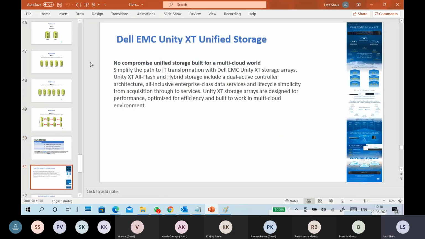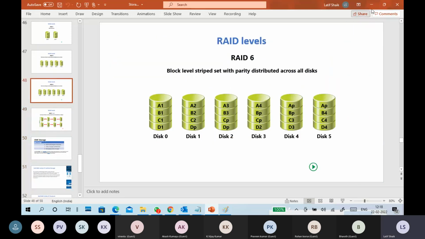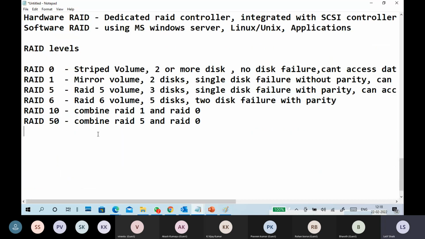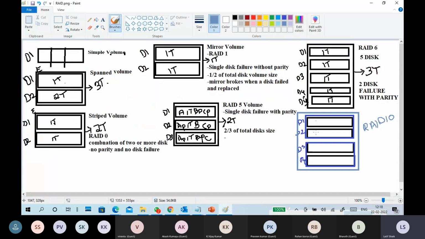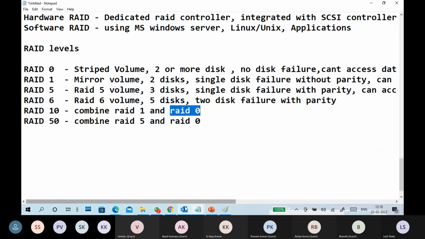I hope you understand. First of all, striped volumes, and between two striped volumes you should do mirroring. This is one stripe, this is another stripe, and this is the mirror. So this is about your RAID theory.